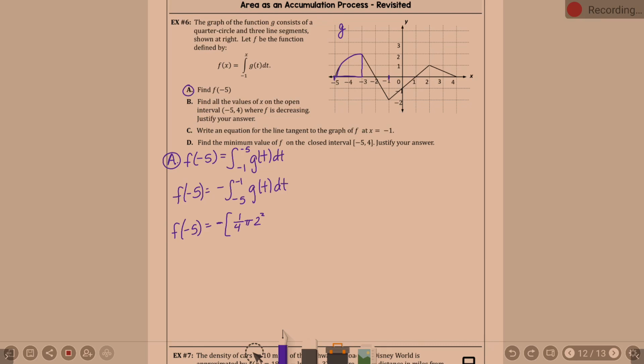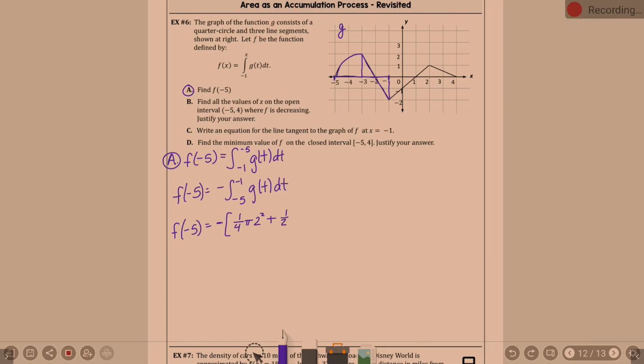The next two will just cancel out. Officially, I see what you're saying. So right here and right there are going to cancel each other out because one's above, one's below.